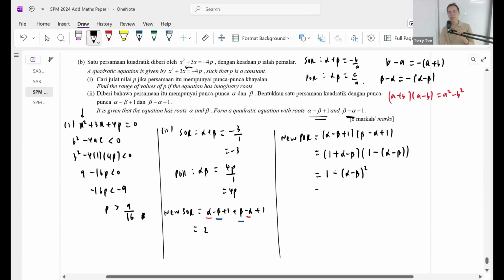Okay. Now with that, this is 1 minus alpha square minus 2 alpha beta plus beta square. The negative you times inside: 1 minus alpha square plus 2 alpha beta minus beta square. Or should I expand first? Let me think. Wait, hang on.